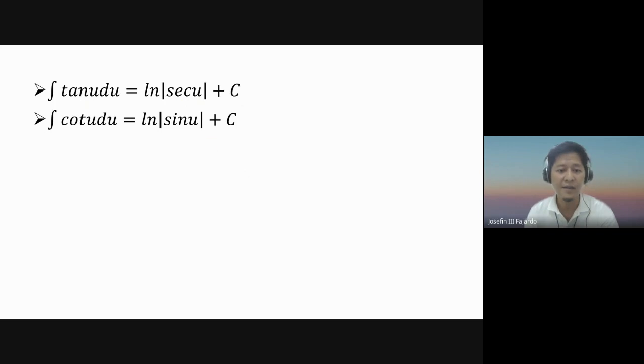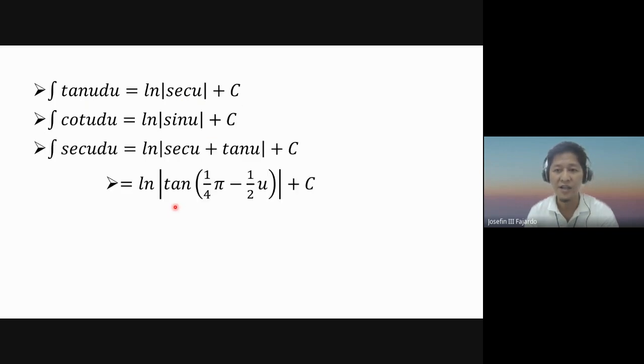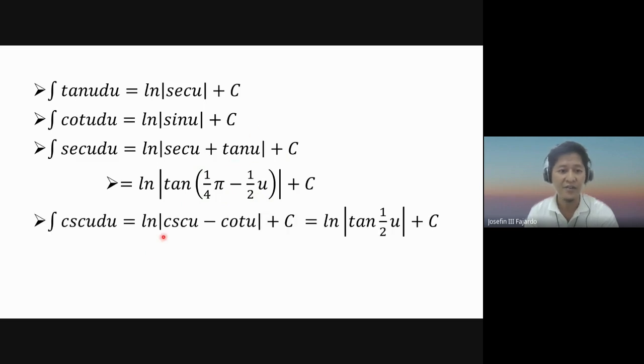Okay. And then the integral of secant u is ln of the absolute value of the sum of secant u plus tangent u plus c, or it's also the same as ln of tangent of pi over 4 minus u over 2 plus c. So parehas lang ang dalawang ito. For cosecant naman, ito siya. Very similar itong dalawa.